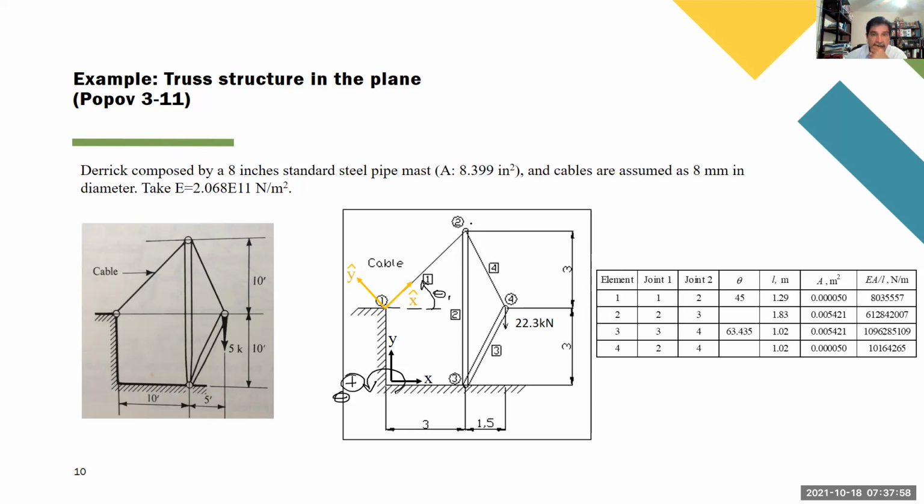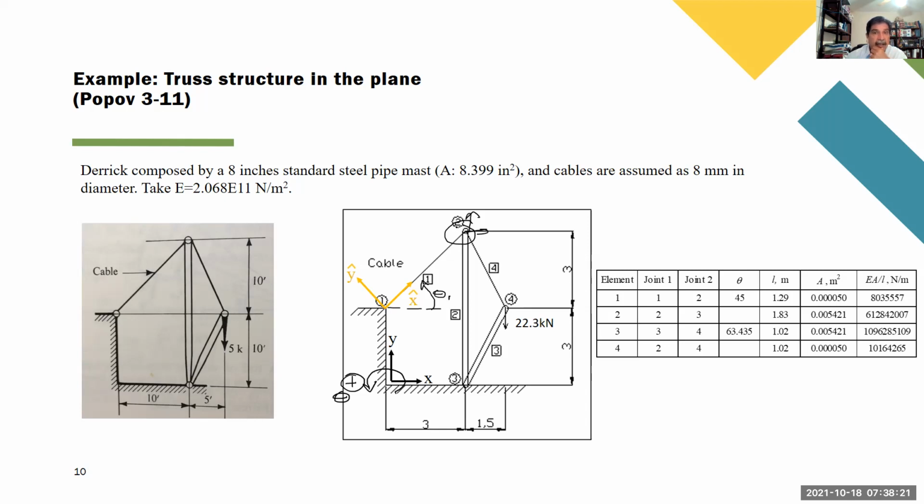Now, what else? We see that this joint here connects element 1, element 2, and element 4. So the displacement of this point in the x and in the y direction is the same for all of these three elements.